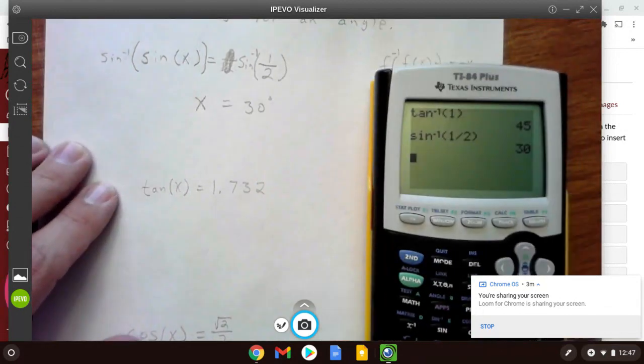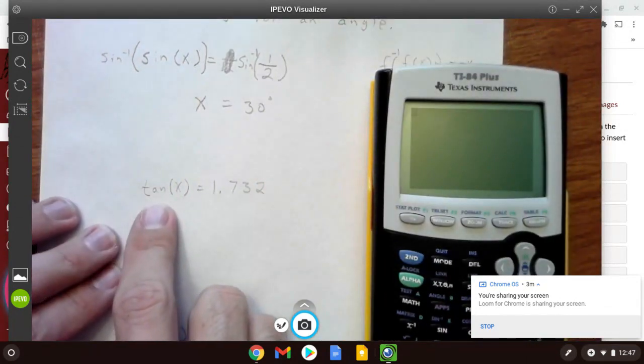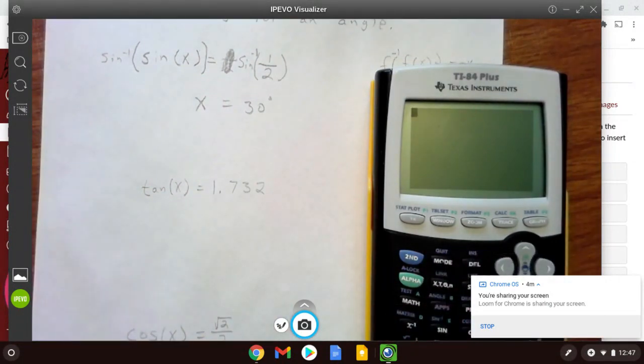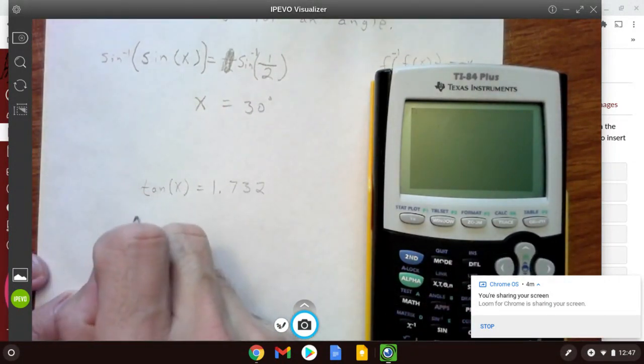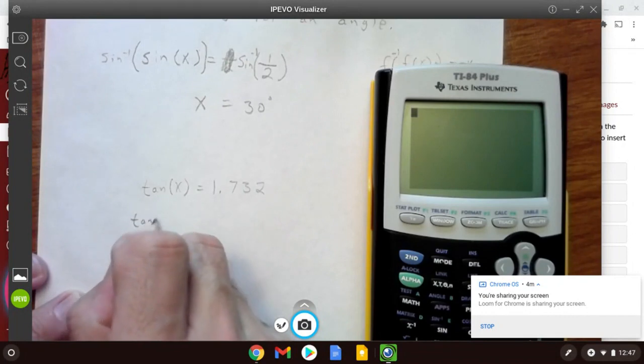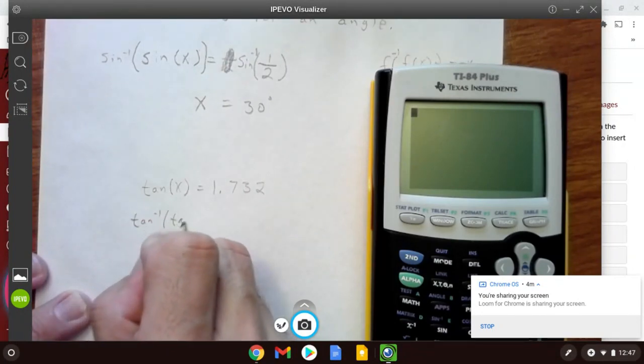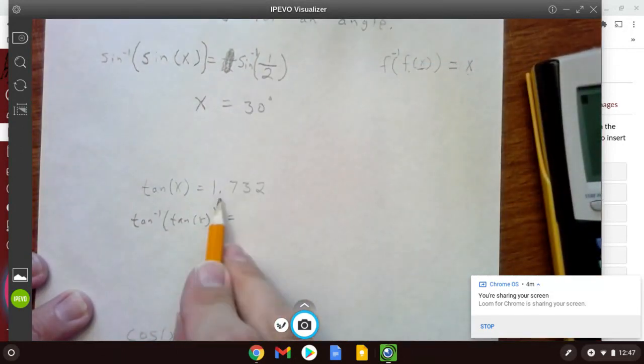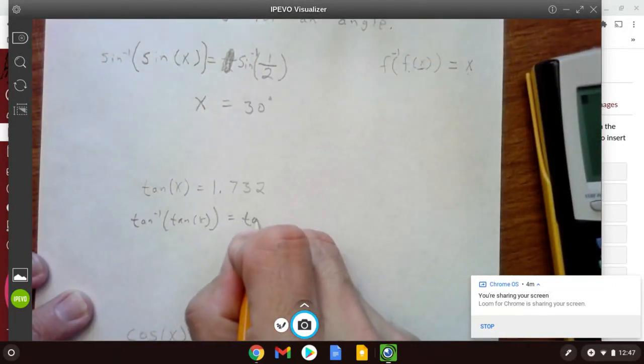Here we've got a tangent of something will give us 1.732. So we're going to do the inverse tangent or the arc tangent of both sides. This side over here is where you're going to get your answer.